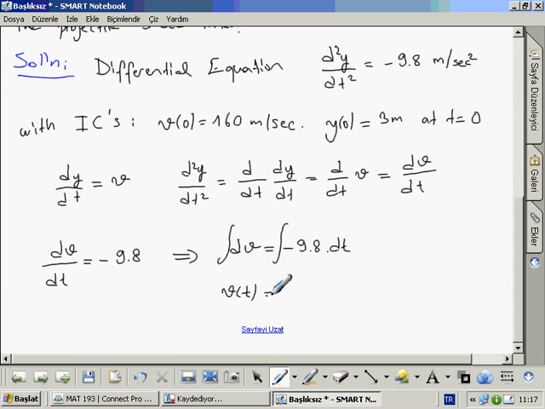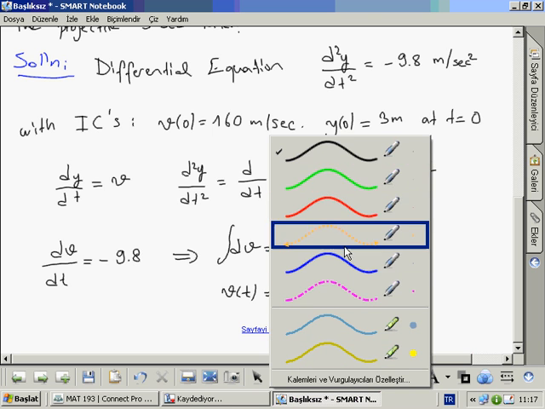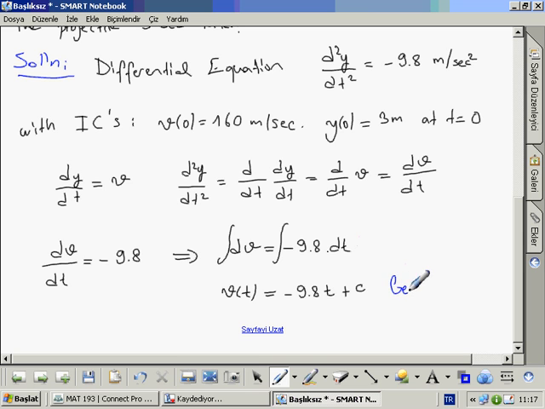You will obtain v of t equals minus 9.8t plus an integration constant, which is the general solution.